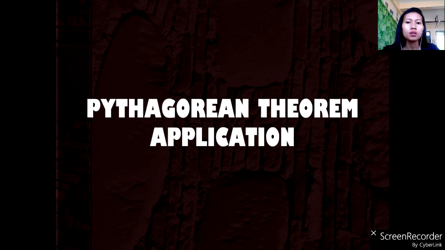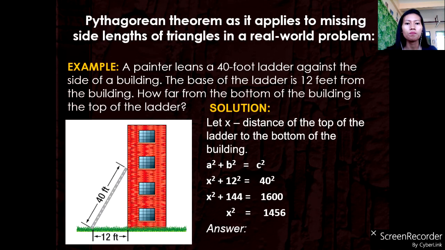So dito naman, meron pa tayong mga useful thing about the Pythagorean theorem. So, saan natin ginagamit yung Pythagorean theorem? Titingnan natin kung saan mga real life situation magagamit yung Pythagorean theorem. Okay, so we have the Pythagorean theorem as it applies to missing side lengths of a triangle in a real world problem.